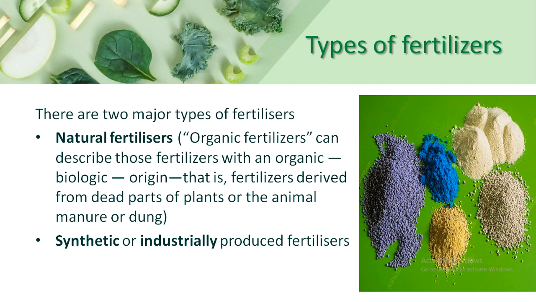They are called biological fertilizers because they are obtained from the dead or living parts of plants, or the animal manure or feces of the animals. They are used as fertilizers, so they are called natural fertilizers. Others are synthetic or industrially produced fertilizers, which are easily available in the market.